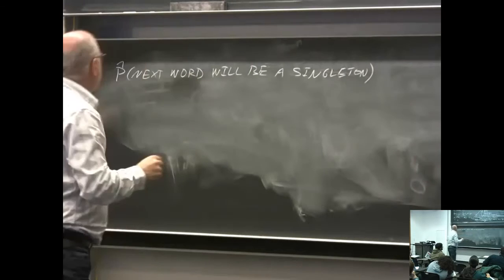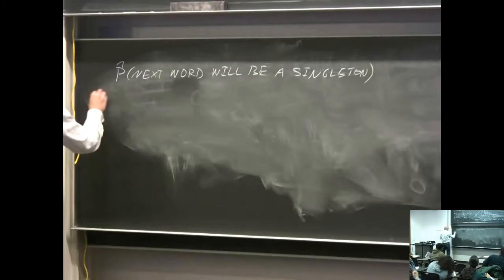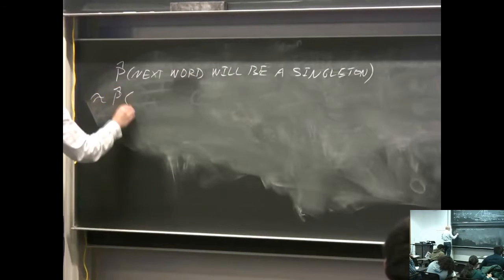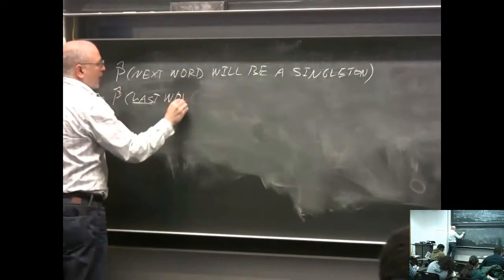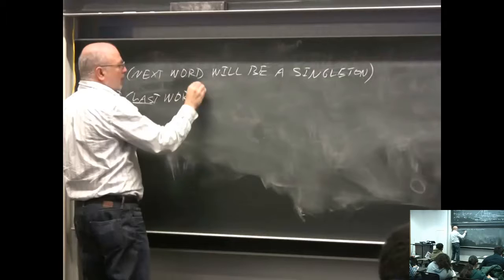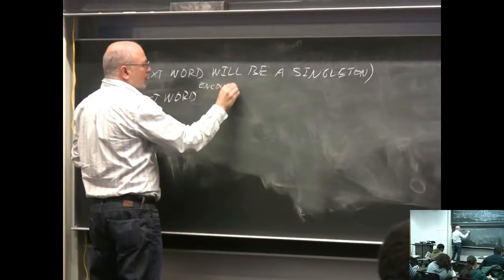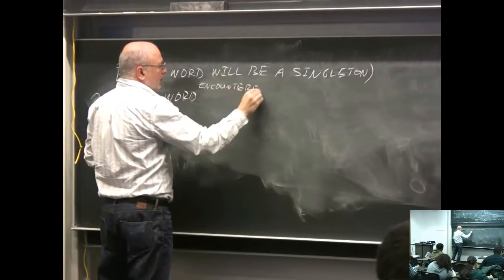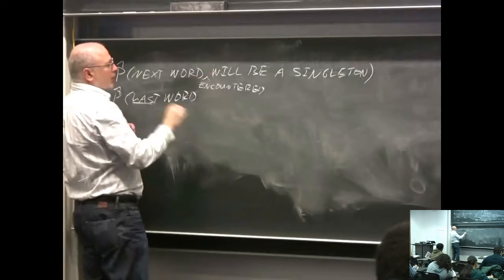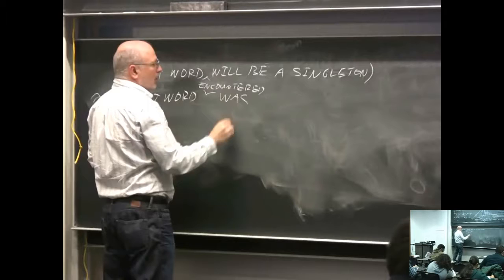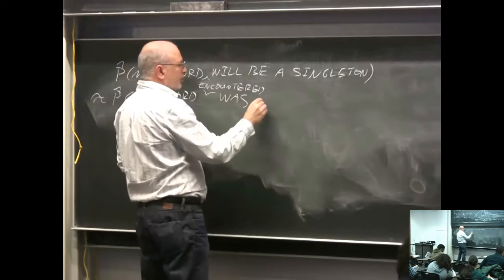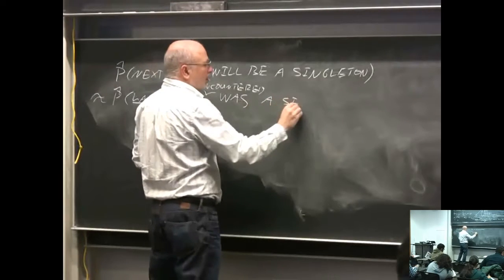And I'm going to say that this is almost exactly the probability that the last word encountered was a singleton. This is the next word encountered. This is the last word encountered.